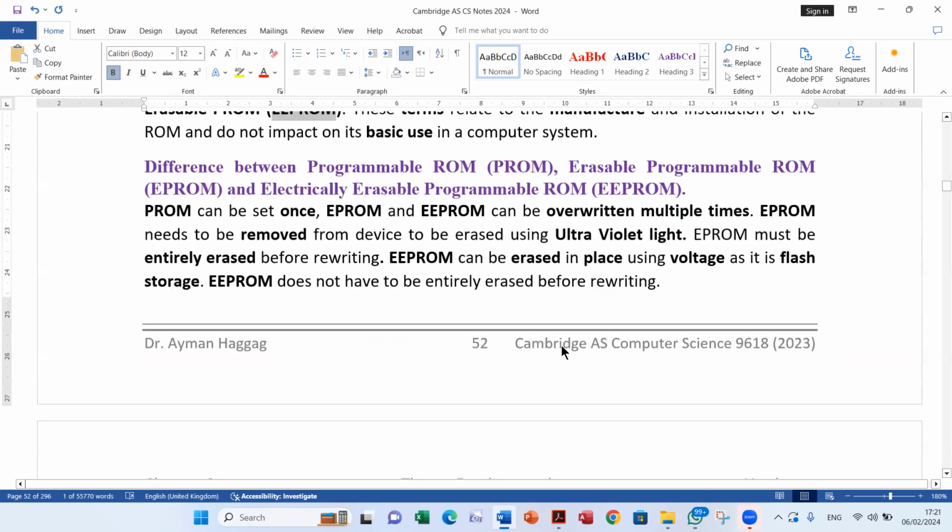Then once there was a very recent question, it said: differences between programmable ROM, erasable programmable ROM, and electrically erasable programmable ROM. So what are the differences between them? PROM can be used once.